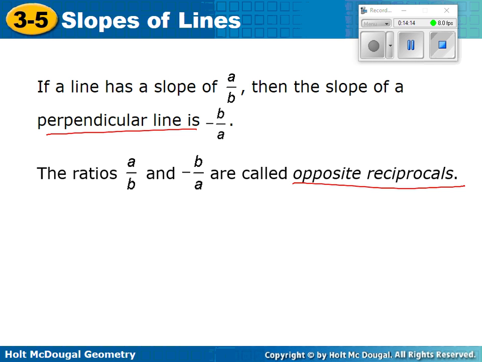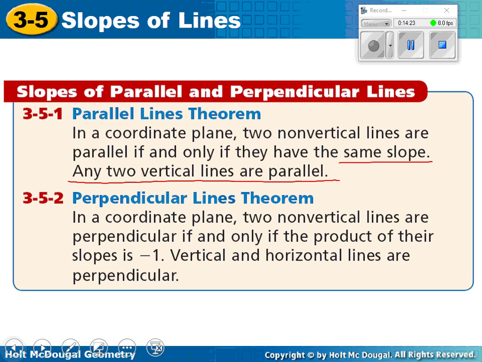But I'm going to go back to the previous slide here for a second because that's not how they wrote it. The example that we had on the board was 3/2 and -2/3, right? What is 3/2 times -2/3?